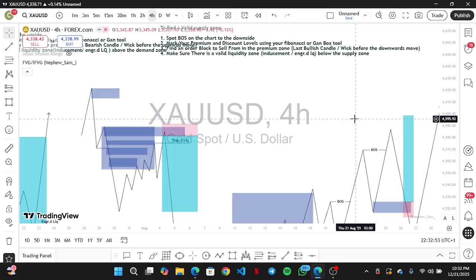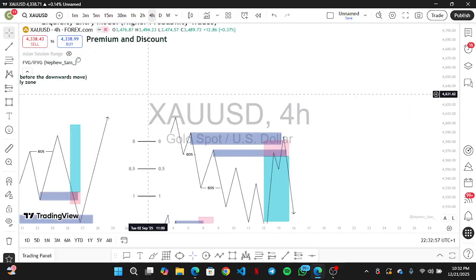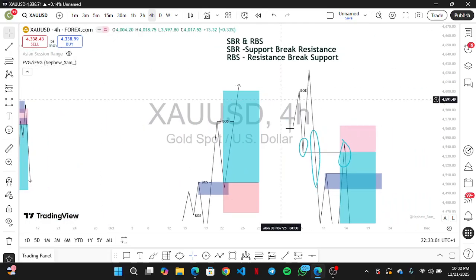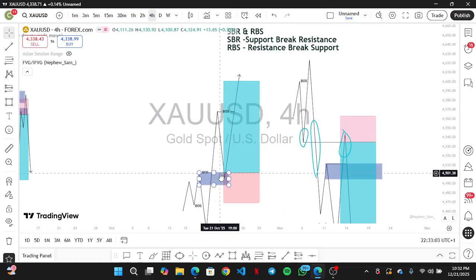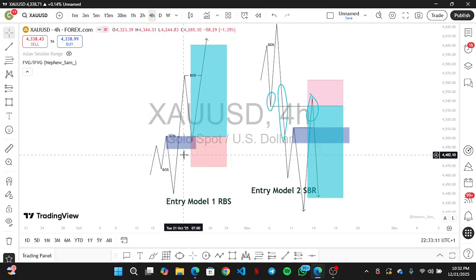I believe I've explained two entry models I use while trading. The first one, which was this, SBRs and RBS, support turns to resistance. And in the case where there is a liquidity before the SBR or RBS, both work the same way.